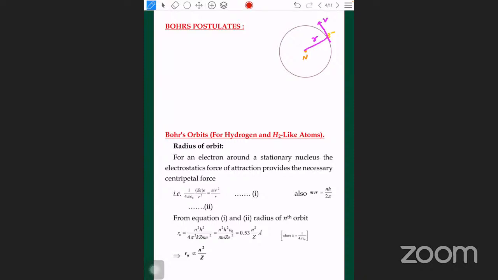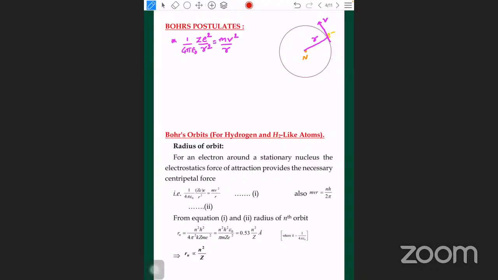Whenever this electron is moving, please remember, the centripetal force, which is given by mv squared by r, is provided by the electrostatic force. What is the electrostatic force? 1 by 4 pi epsilon naught into Ze squared by r squared.